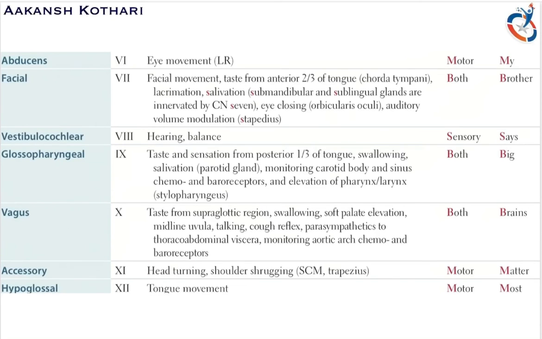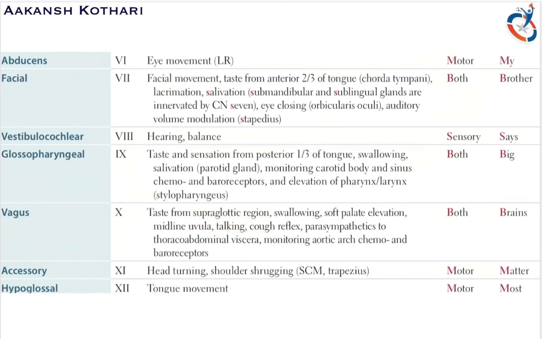The vagus nerve is cranial nerve number 10, which is again a combination of both sensory and motor nerves. Now the vagus nerve is helpful in taste from the supraglottic region. Please remember, it is useful in taste sensation from the supraglottic region.